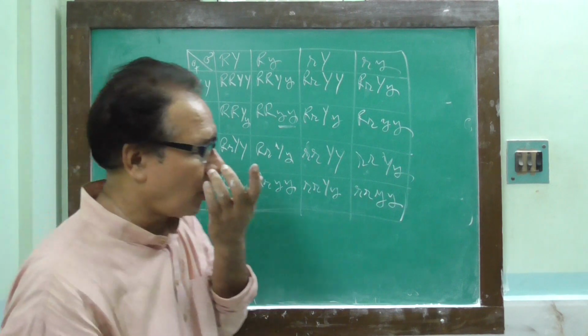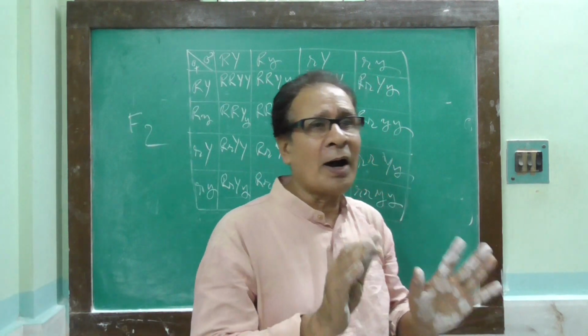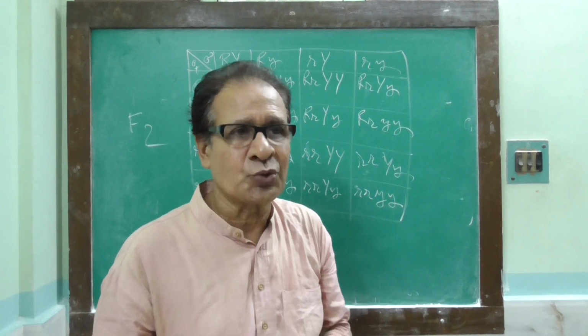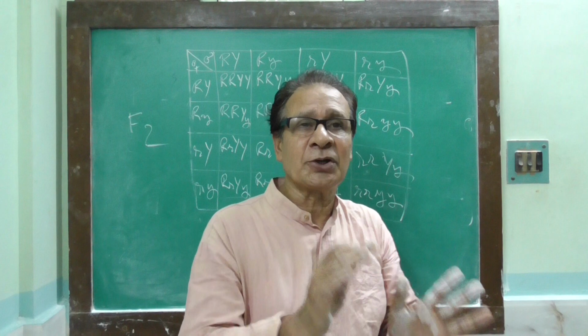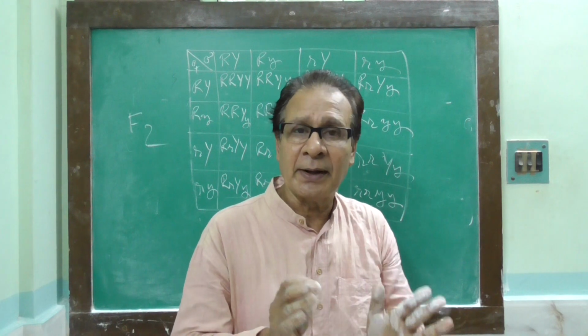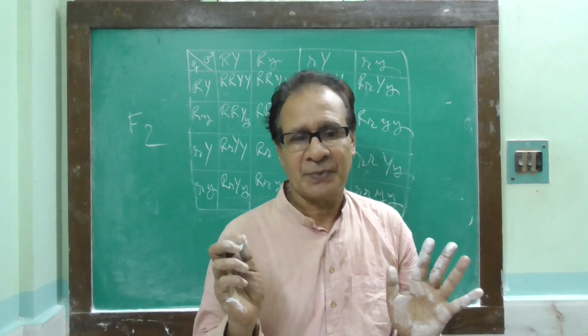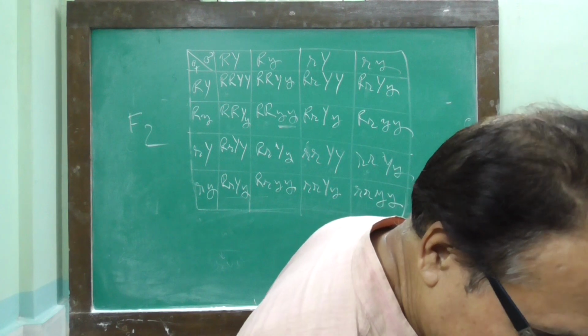Mendel obtained the phenotypic ratio, round yellow to round green to wrinkled yellow to wrinkled green, 9:3:3:1.